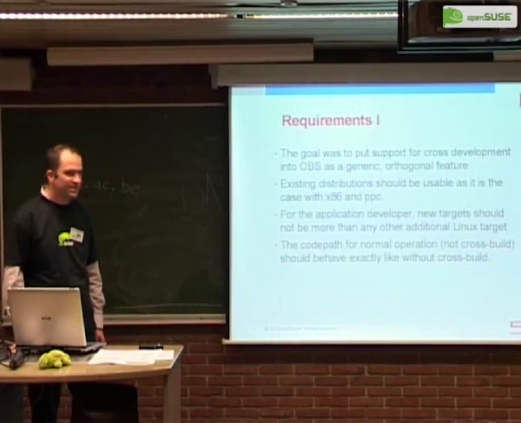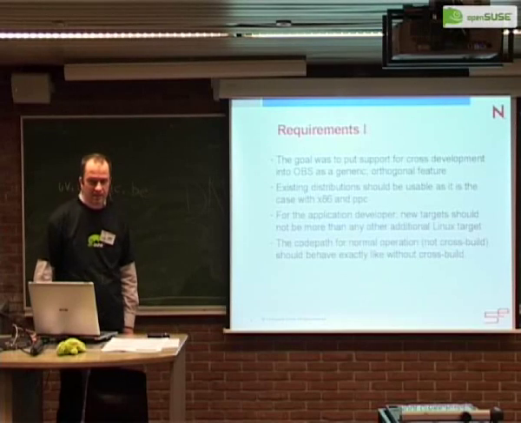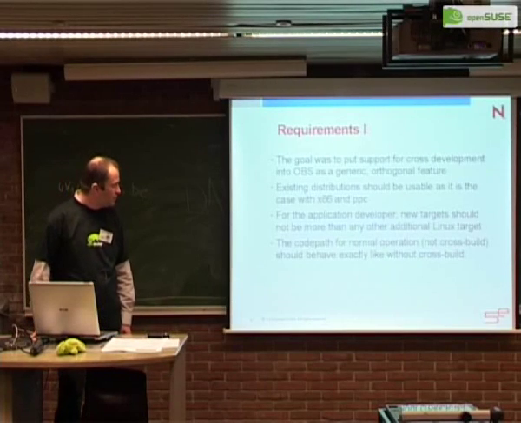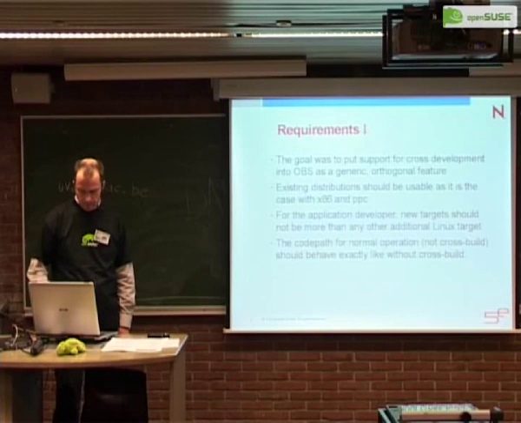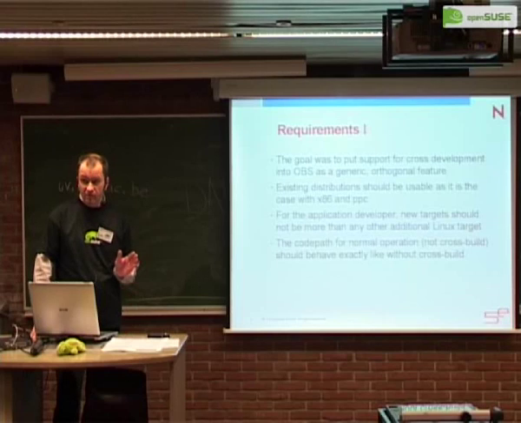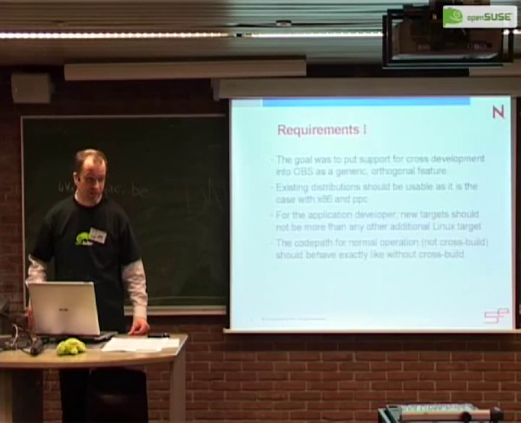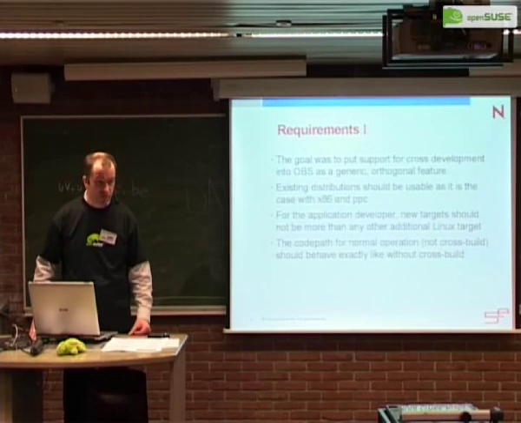Let me summarize a little bit what we had for requirements to solve before we started implementing. Build service is a feature where you can, just by adding a repository, build your application for a new distribution. So it's a quite orthogonal feature, what I call.